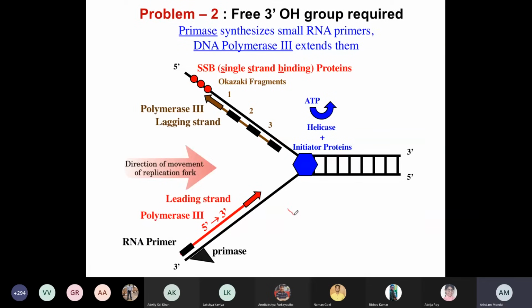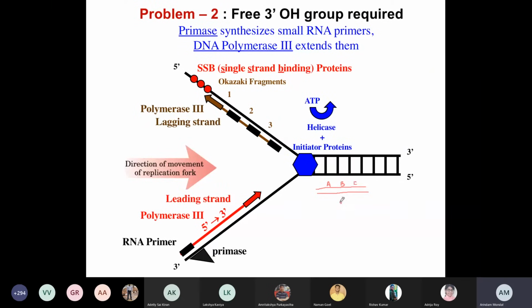For example, here you have a DNA strand. Now you have a point A, point B, point C, and so on.